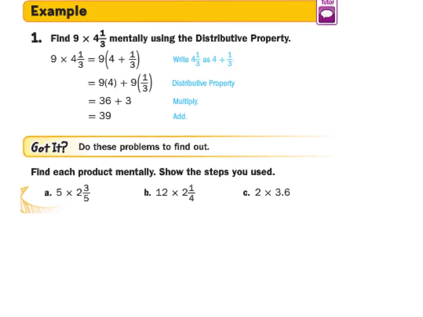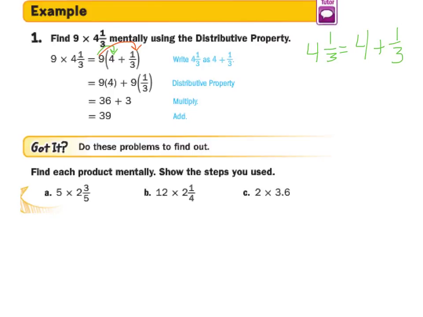Let's take the 9, and it's going to be multiplied by the 4. So we're thinking of the 4 and 1/3 as the same thing as the 4, the whole number, plus 1/3. So they're going to break it apart and say, let's take the 9 times the 4, and then let's take the 9 times the 1/3.